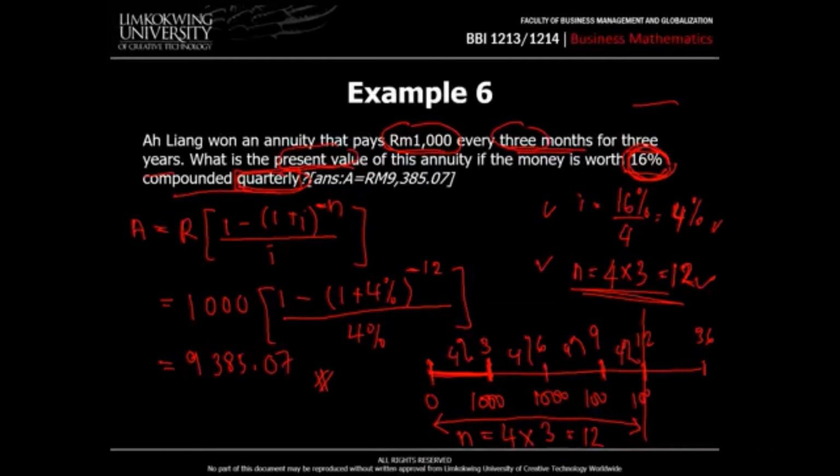Divide by 2. If compounded monthly, divide by 12. If compounded yearly, divide by 1, because it's yearly compounded. So it means that you have to use 16% in the formula.